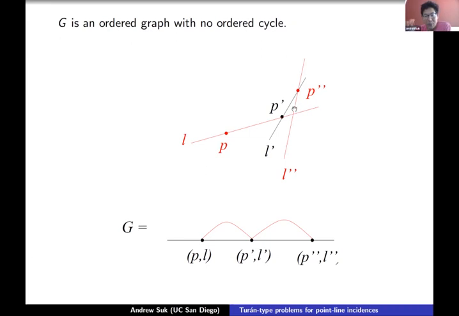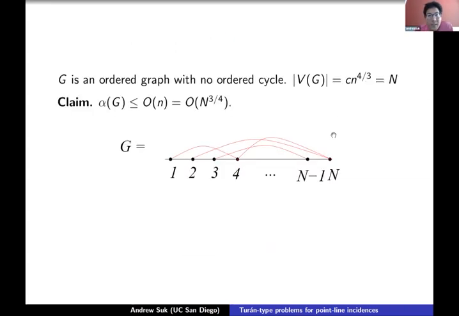And by construction, we're forcing that last point to lie strictly above L. Okay, so we have an ordered graph with no ordered cycle.